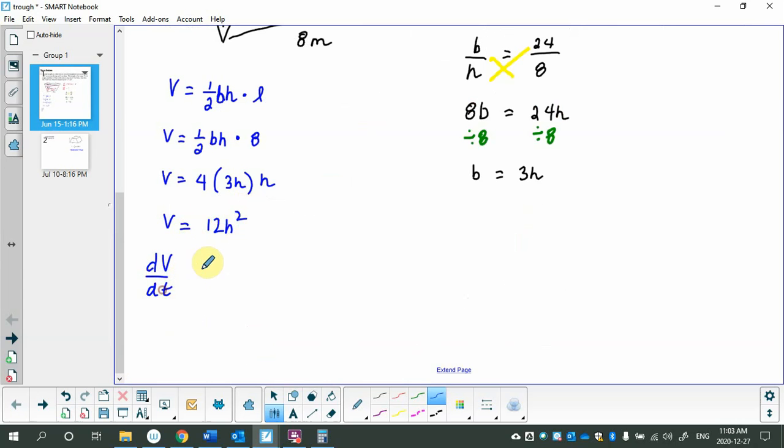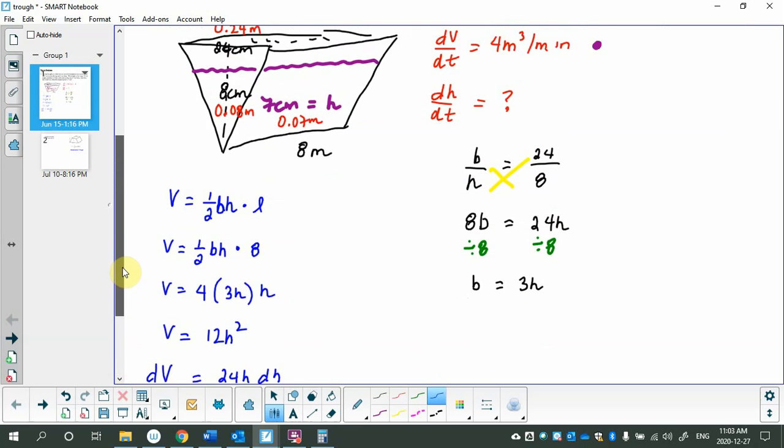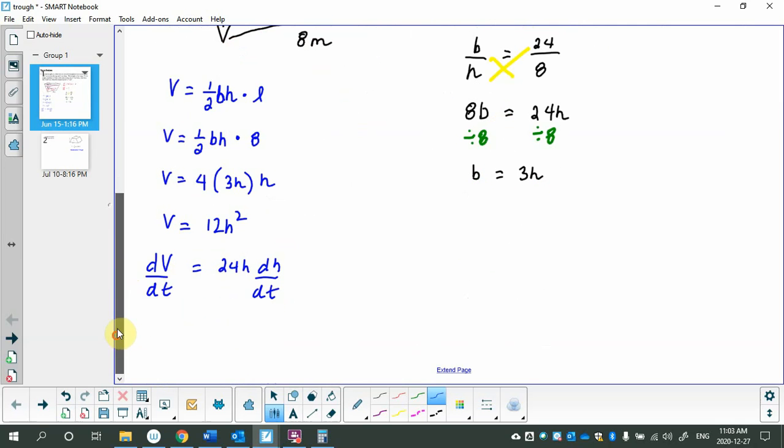So dV by dt equals 24H to the 1 times dH by dt. And now let's see if I've got enough info. So dV by dt is 4. dH by dt is what we're looking for. Remember that much.